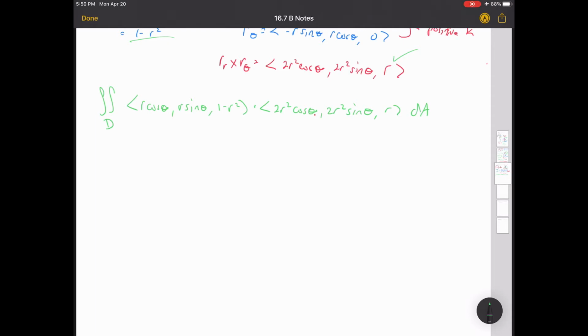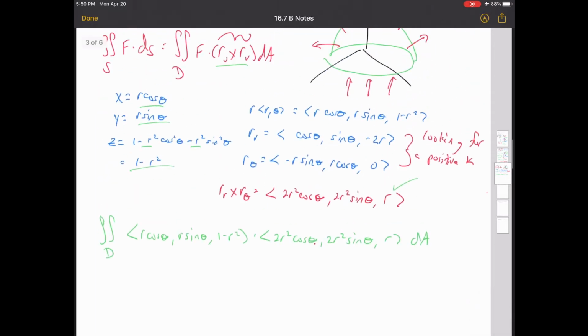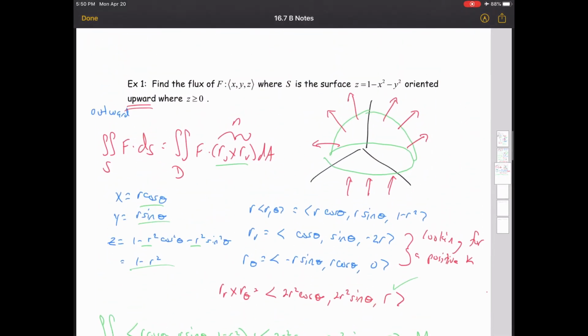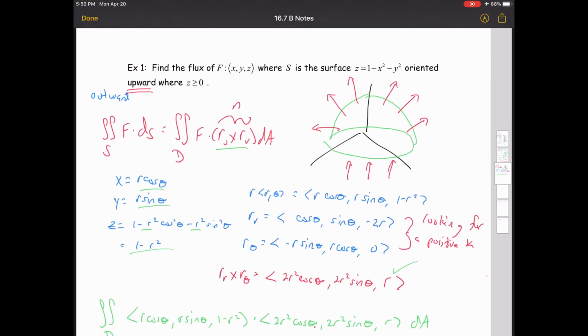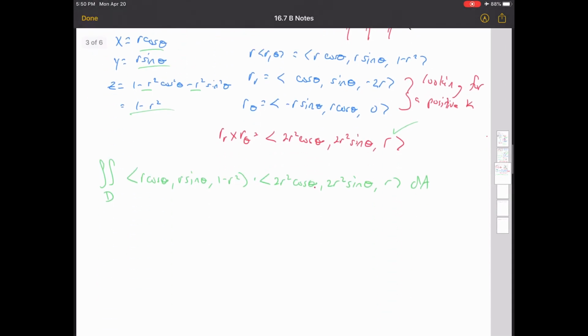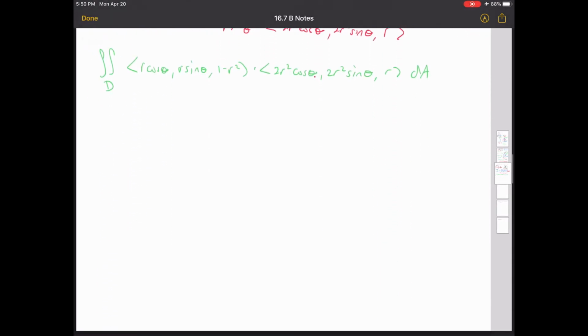Going back up to the top here, I know that r has to go from 0 to 1 because that is the biggest radius that I have here on this thing. And it looks like this is going to be a complete circle, so theta is going to go from 0 to 2 pi. So let's go ahead and write that in. So we're going to have 0 to 2 pi for theta, 0 to 1 for r.